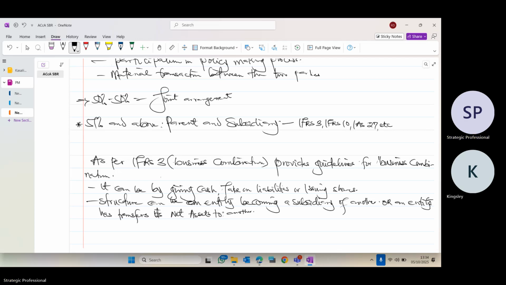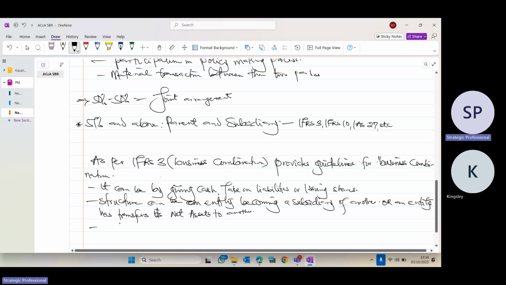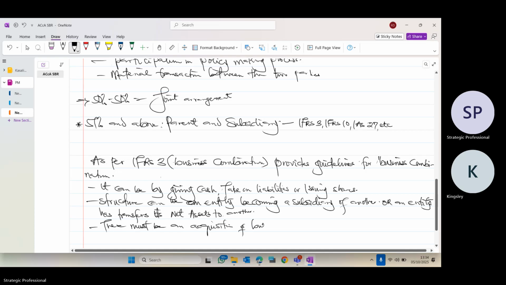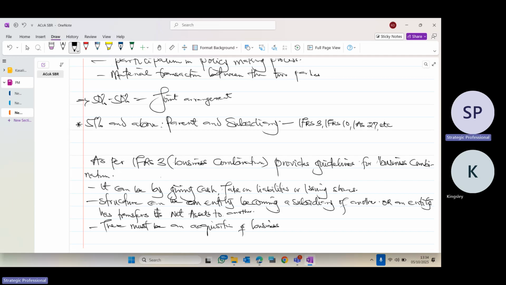The third one is there must be an acquisition of a business. Where there's no acquisition, we cannot say that there's a business combination. If all this exists, then we can say that yes, there's actually a business combination.